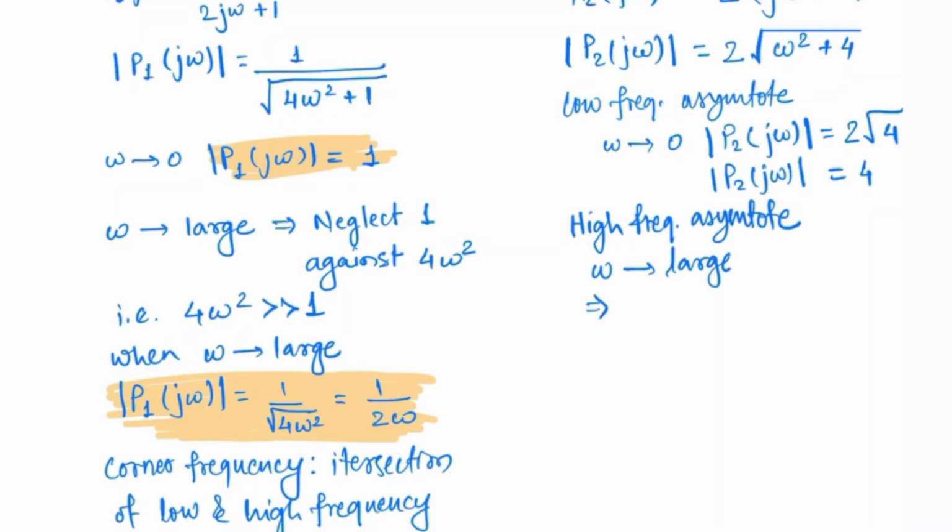This implies we can say that omega square is much bigger than 4. So in this situation, the magnitude of this would be 2 into omega.